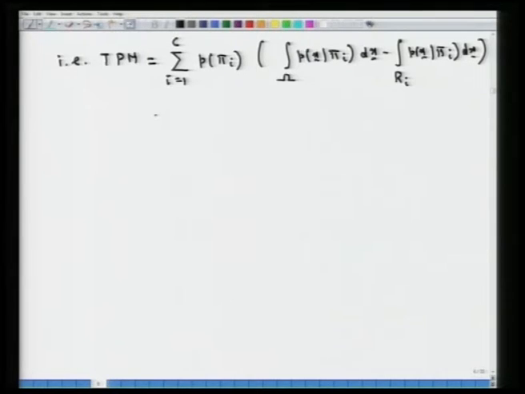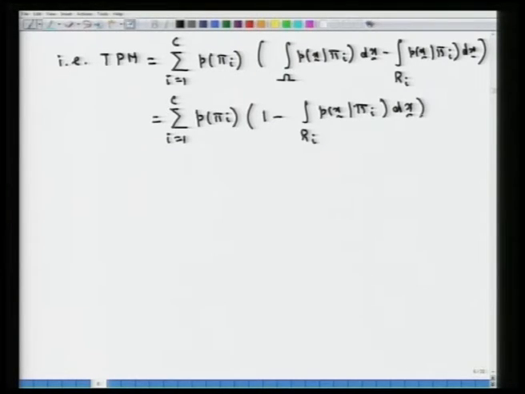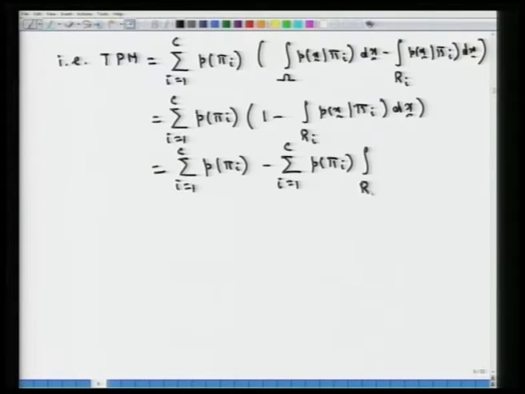Now, the integral over omega expression is equal to 1. So, what we will have is summation i equal to 1 to c of p of pi i multiplied by 1 minus the integral, we leave the second term as it is, of p of x given pi i dx. So, the first term after we open the bracket is summation i equal to 1 up to c of p of pi i, minus summation i equal to 1 up to c of p of pi i into the integral over Ri of p of x given pi i dx.